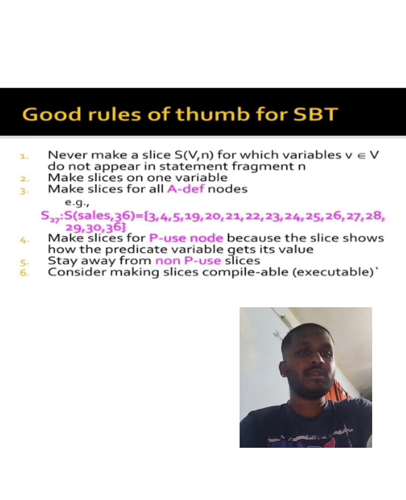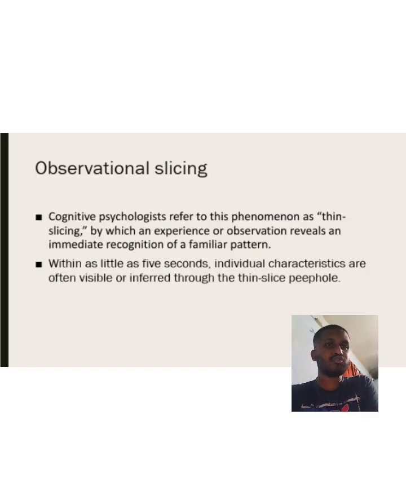Example: S(commission, 27) equals 3, 4, 5, 19, 20, 21, 22, 23, 24, 25, 26, 27, 28, 29, 30, 36. Make slices for P-use nodes because the slice shows how a predicate variable gets its value. Stay away from non-P-use slices. Consider making slices compilable.